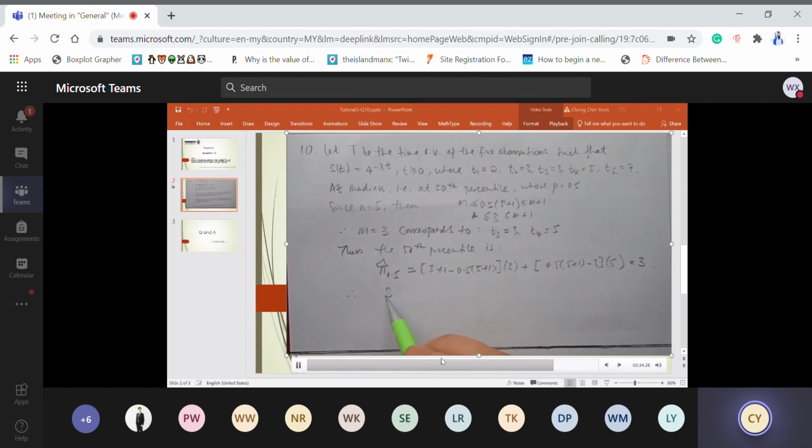Therefore, the survival at this median, that is the estimate of the 50th percentile, is equal to 0.5. This will give 4 to the power of negative lambda times 3 equals 0.5. So we solve this equation, then we can estimate lambda, which is equal to 1/6.